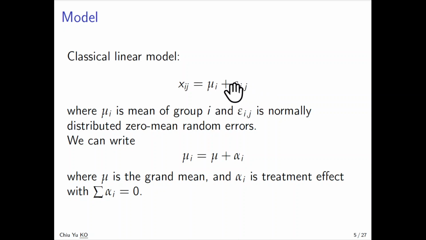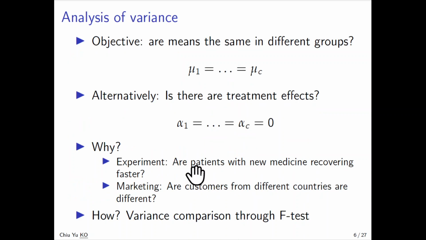We can further write each group mean mu i as the overall mean, the grand mean, plus a term we usually call the treatment effect, because each group is a treatment, and the sum of all the treatment effects will be 0. So that is how people classically write it.